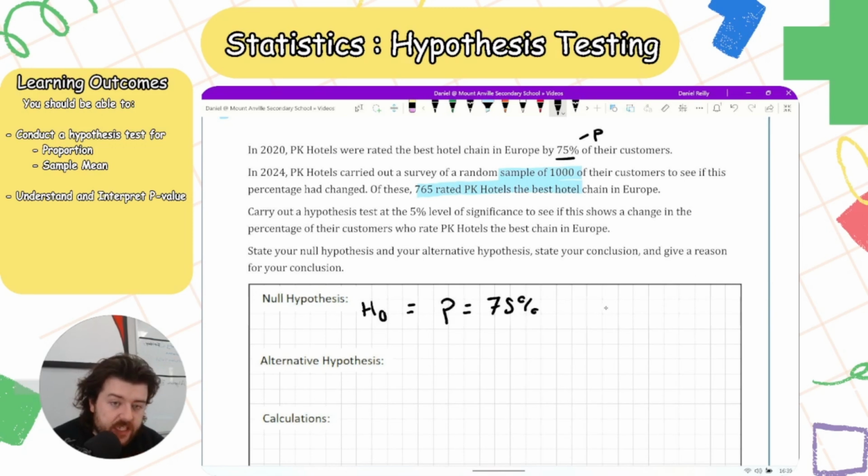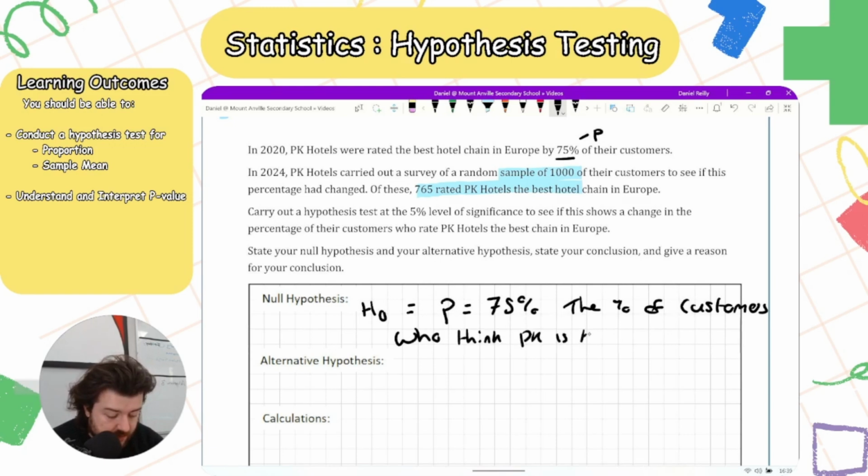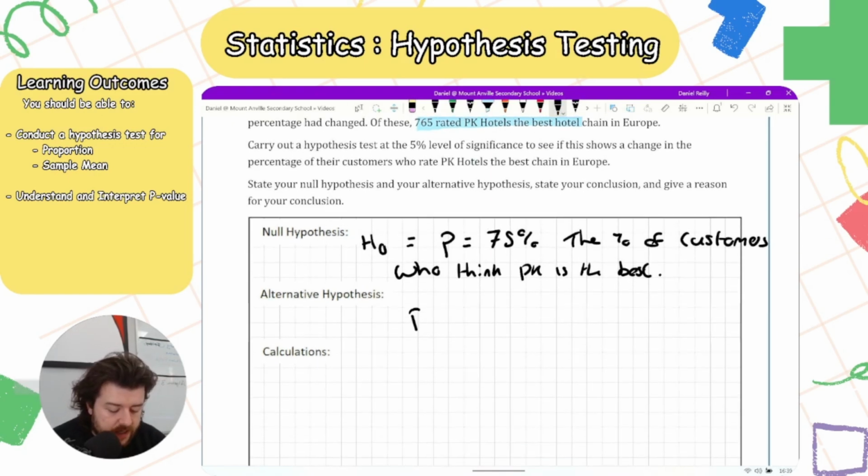This is the percentage of customers. Just write a tiny little line here. The percent of customers who think PK Hotels is the best. Something like that, right? My alternate hypothesis would be this is not equal to 75%.